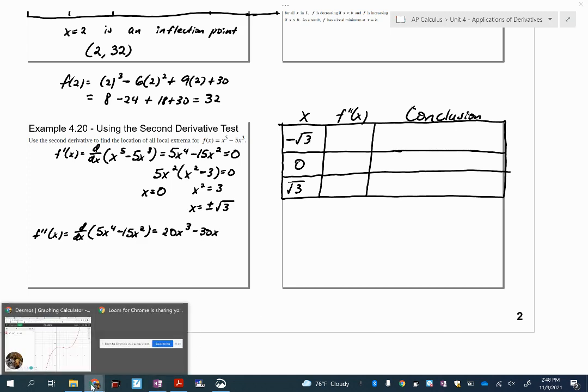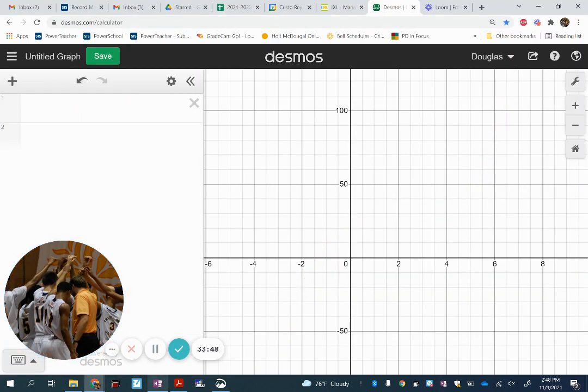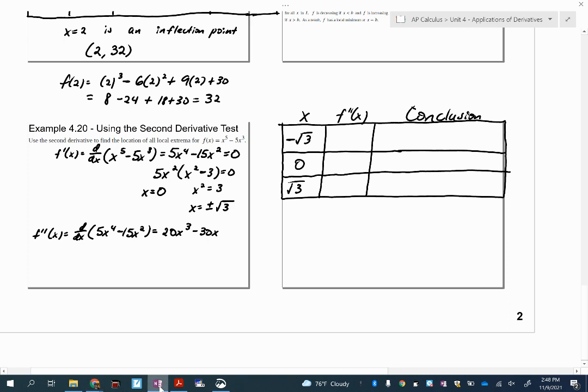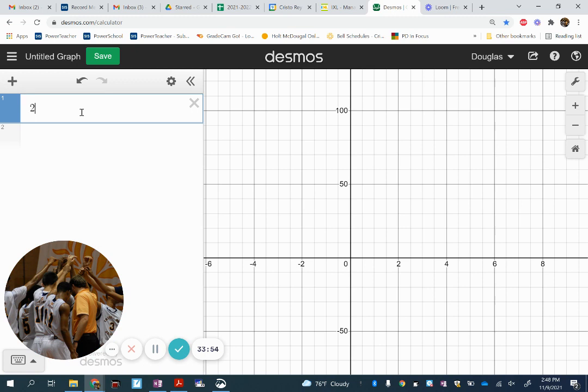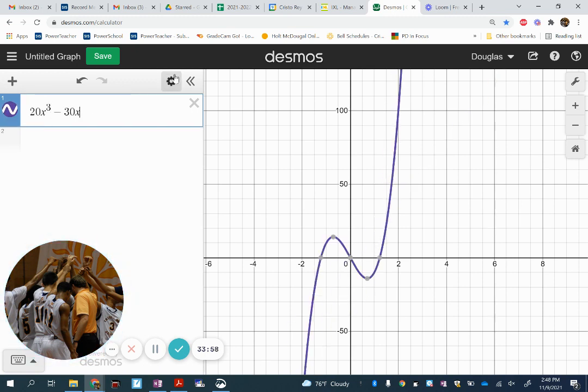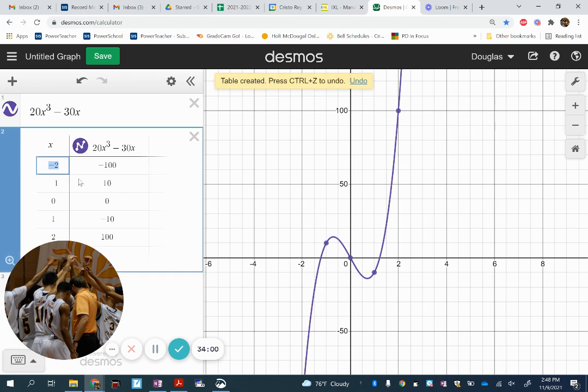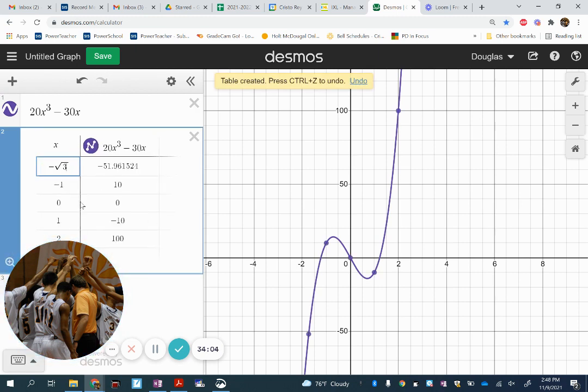Okay, so let's type into Desmos. Let's type in the second derivative, which is 20x cubed minus 30x. I'm going to make a table, and my points are negative square root of 3, 0, and positive square root of 3.